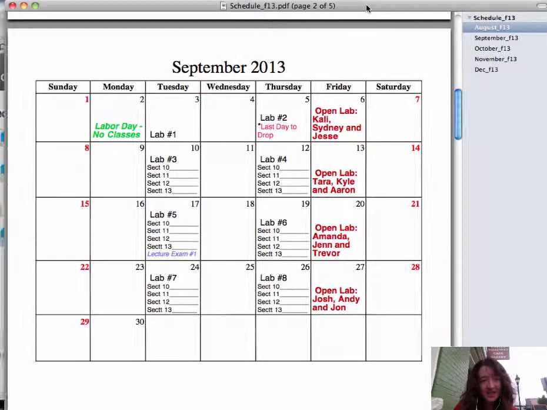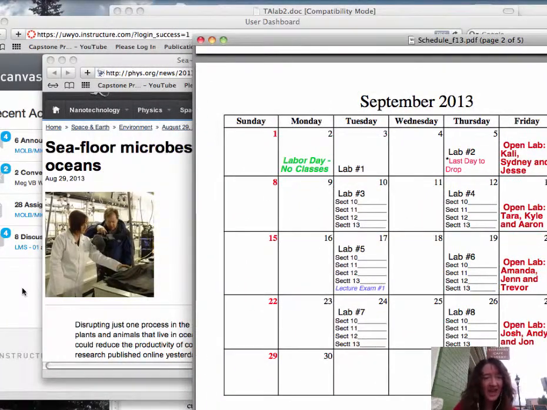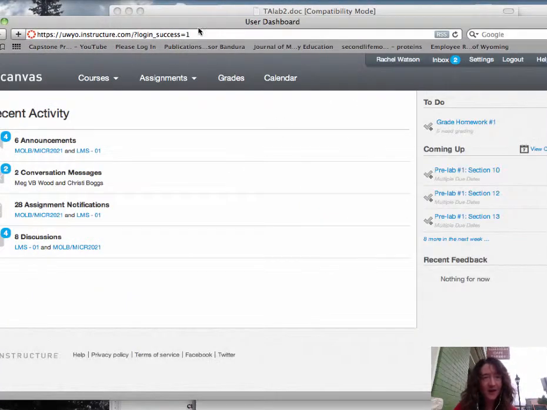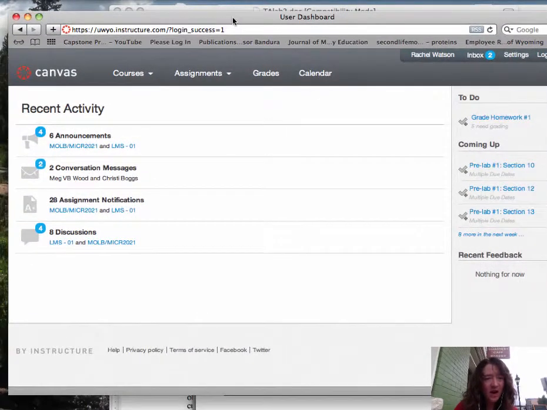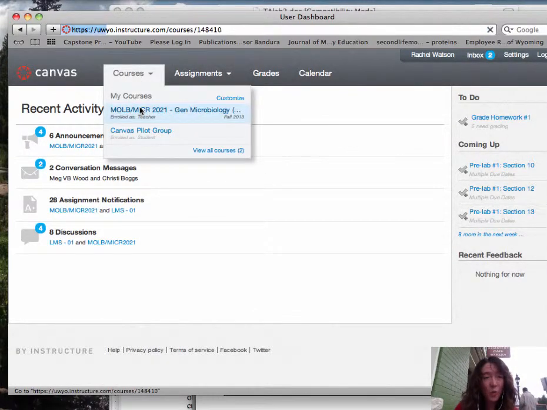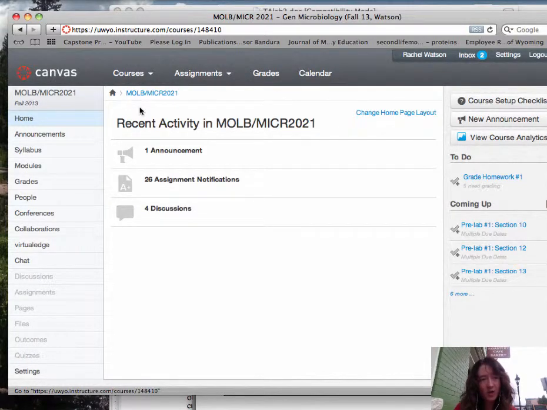So let's go ahead and take a look just quickly onto Canvas and the action going on right there. In Canvas, I'm going to have to ask for your assistance because we found a roundabout way to keep students from having access to all of the pre-labs and just to limit them to accessing their pre-lab.